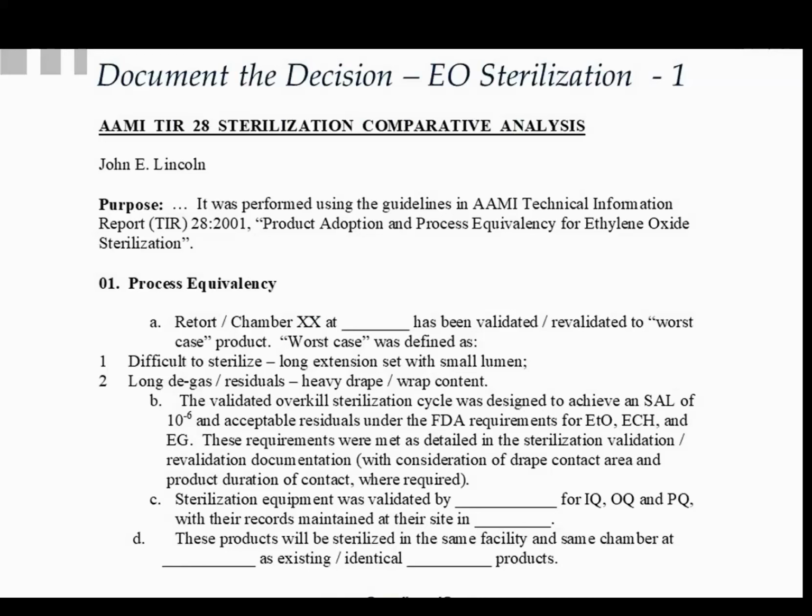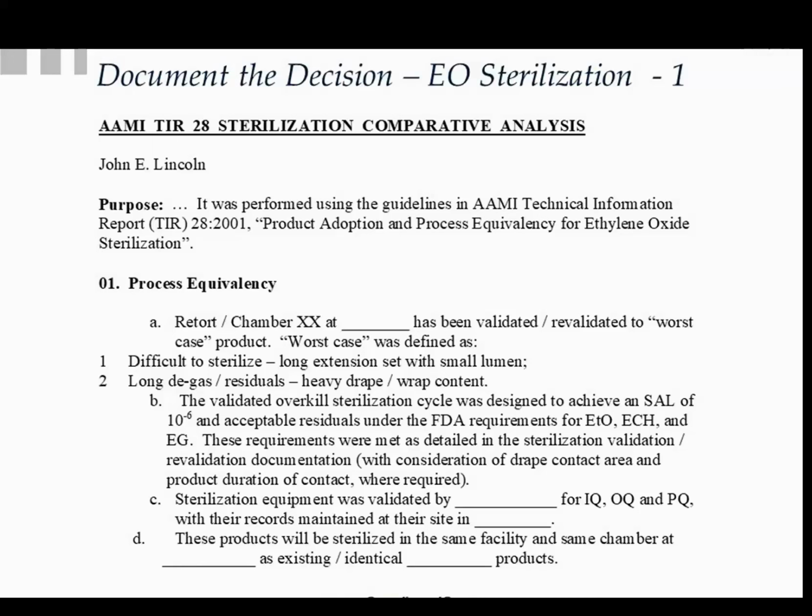Develop a matrix to show that you evaluated your new product or the changed product and/or its packaging against the previous product and that was validated under the process. In this case, we're talking about ethylene oxide sterilization, uses similar premise for gamma, but primarily for ethylene oxide as a Tier 28 analysis.